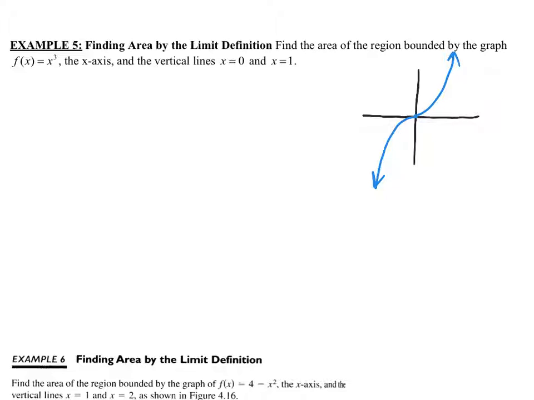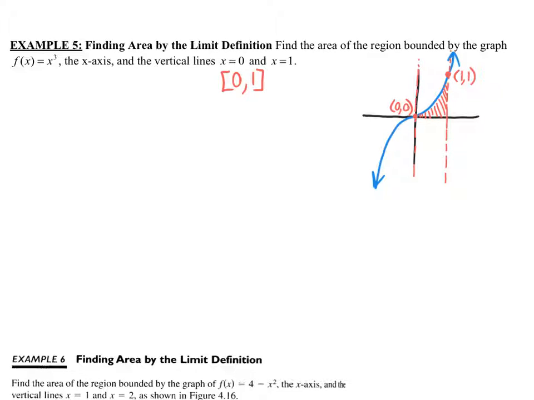Here are our vertical lines, 0 and 1. Here's the point (1, 1), and here's our point (0, 0), of course. The area that we're looking for is this area right in here. So a is 0, the interval goes from 0 to 1, so a is 0, b is 1.